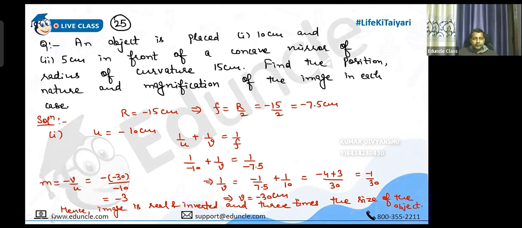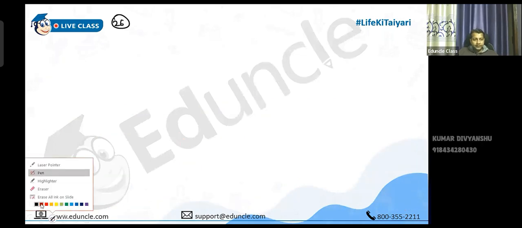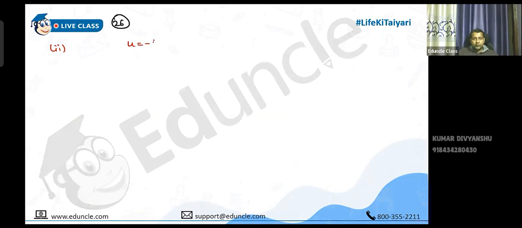Okay. Second, 5 centimeter in front of the mirror. Second part means u is minus 5.